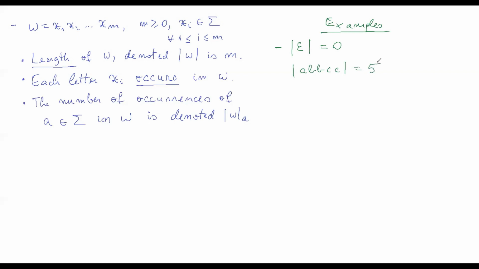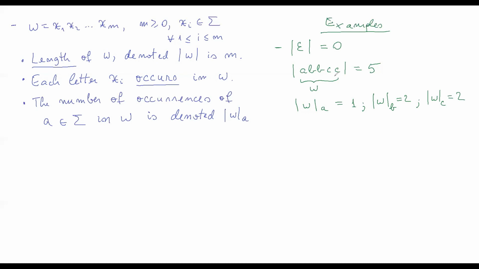And if we denote this by W, just so that I have a shorter notation, the number of A's in W is 1. A has only one single occurrence, and that's on this first position of W. But the number of occurrences of B in W is 2. We have 2 letter B's in W. And the number of occurrences of C in W, that's also 2. We have 2 occurrences of C.